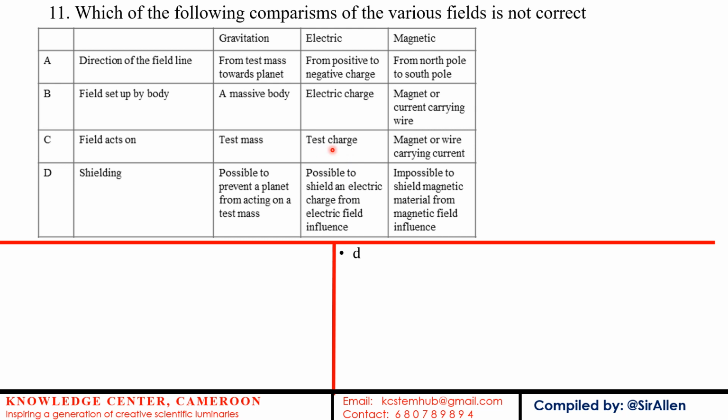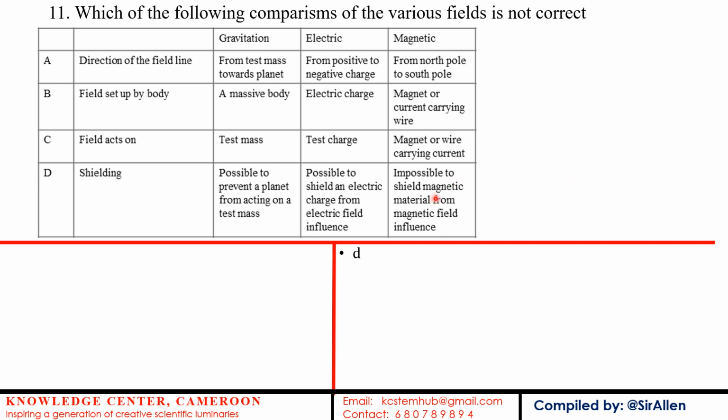So for field acts on, for gravitation, test mass, correct. Test charge, correct. Magnet or wire carrying current, correct. So A, B, C are already correct, so D has to be the wrong answer. Possible to prevent a planet from acting on a test mass? Not possible. This is shielding. You can shield the electric and magnetic field, because for a north pole I can bring in an opposing pole so that it shields the influence of that north pole on maybe a compass.